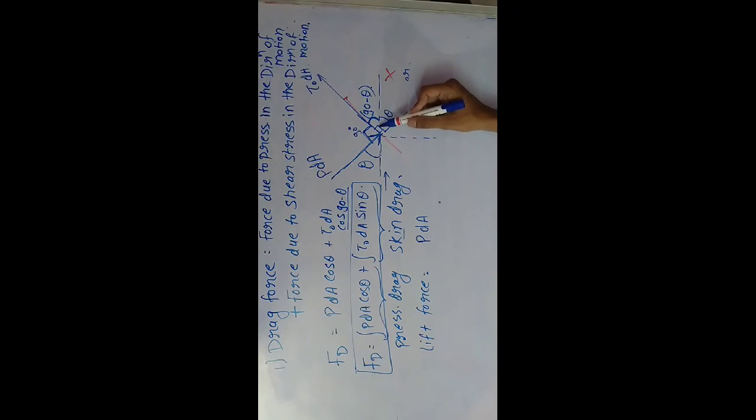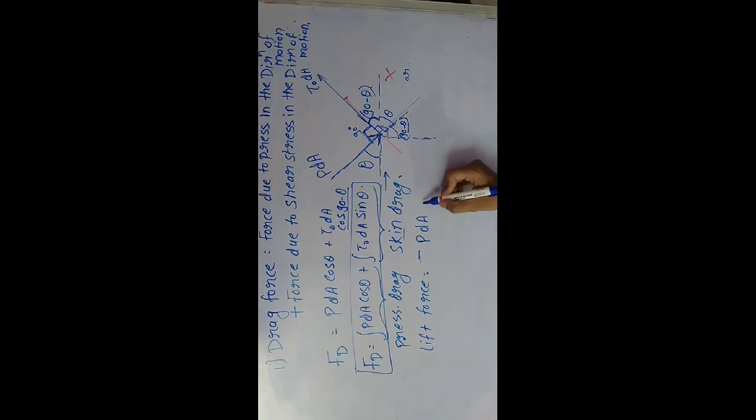The angle is theta and the remaining angle is 90 minus theta, so along the perpendicular direction it will be minus PdA cos 90 minus theta, and cos 90 minus theta is sin theta.